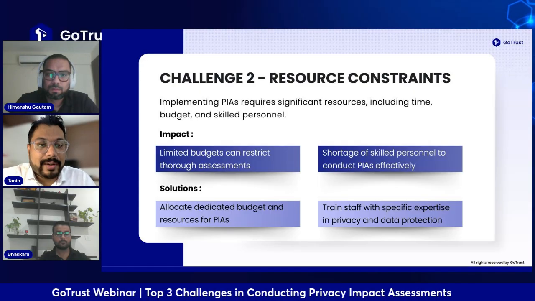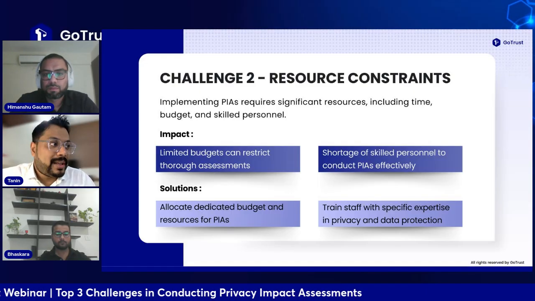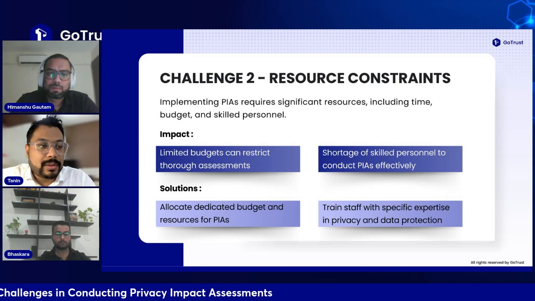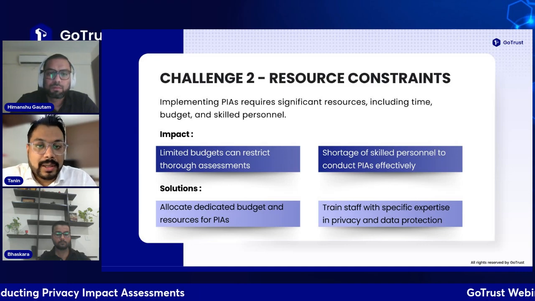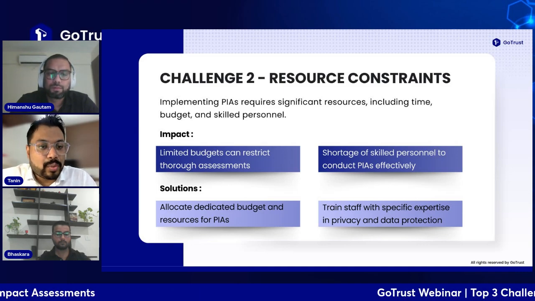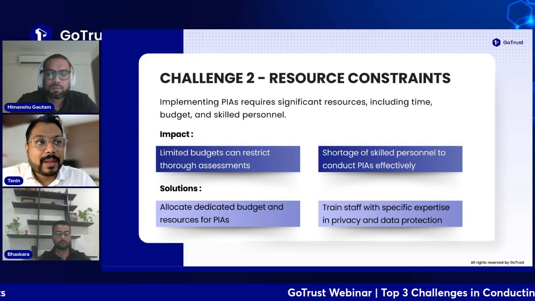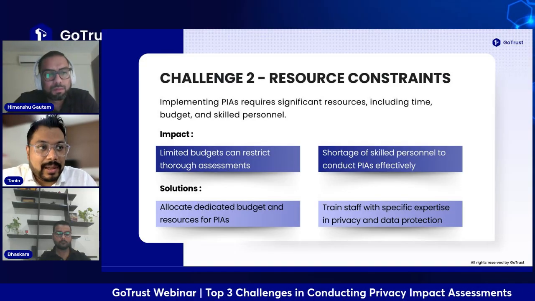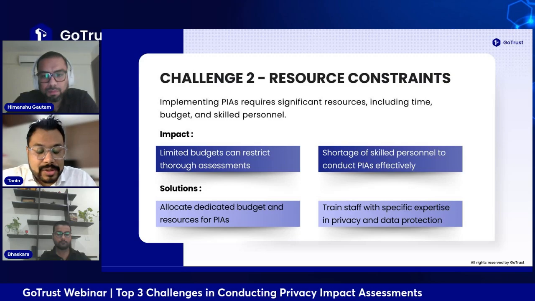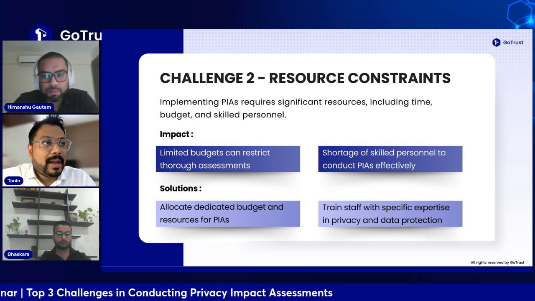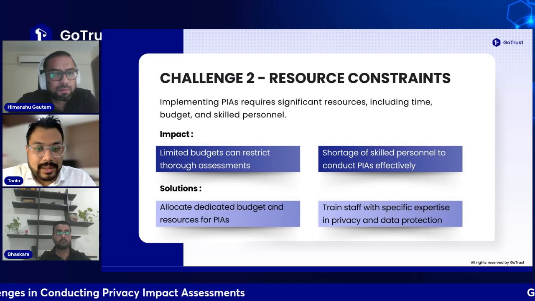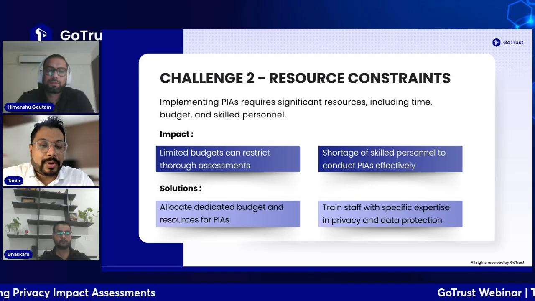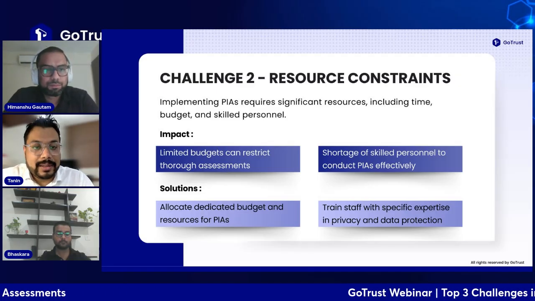Tomorrow, if there is an assessment at your organization by the authorities, the DPIA has to be shown: this is what we have done, and we have made sure the risk of this application is minor or probably nil, and we have understood it by doing this impact assessment. Hence we are working in this format in how we are processing or collecting the data. Well said.